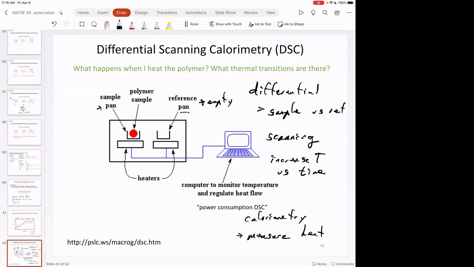So the way you find MN, which is in grams per mole, you know how many grams you have. All you have to do is find the number of moles of polymer. The trick to this question is, what type of polymer is this in terms of what the chain looks like?